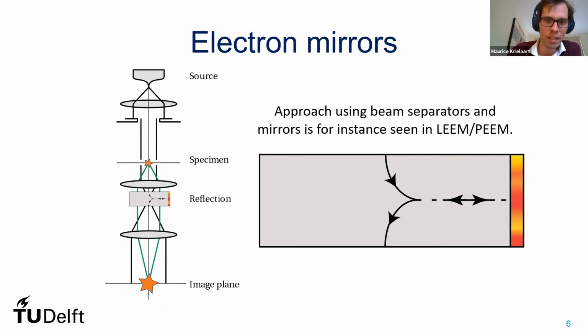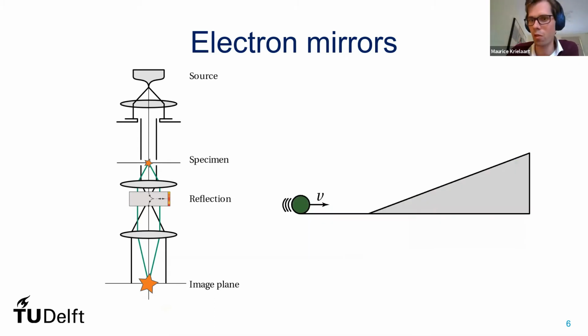Let's go a bit more in detail there. These electron mirrors, how do they work? You can compare it with the classical analogy of the marble and the sloped terrain. The idea is that the marble initially has a velocity given by just the free energy of your electron, and then the sloped terrain will take out kinetic energy of the marble.